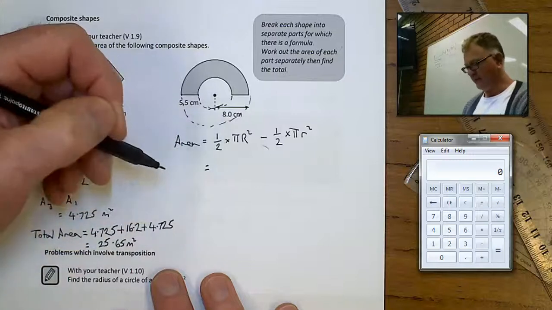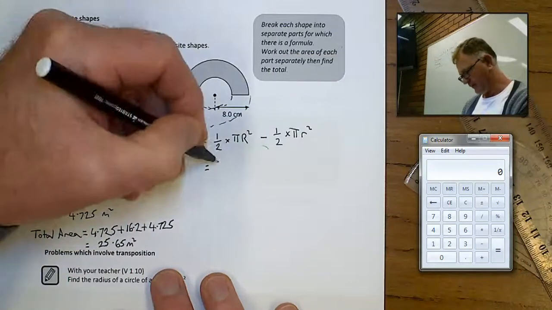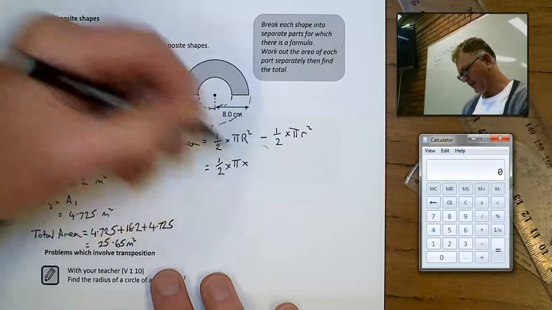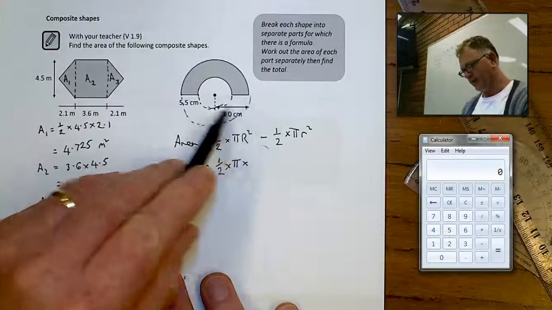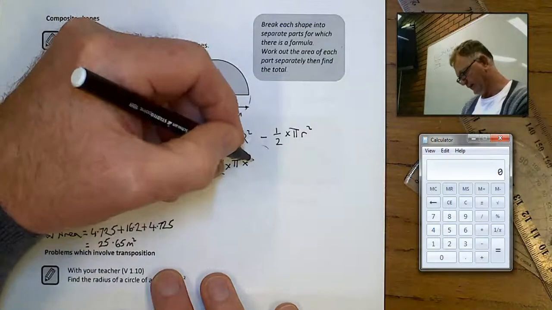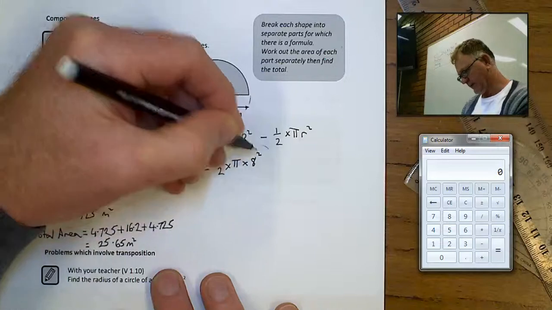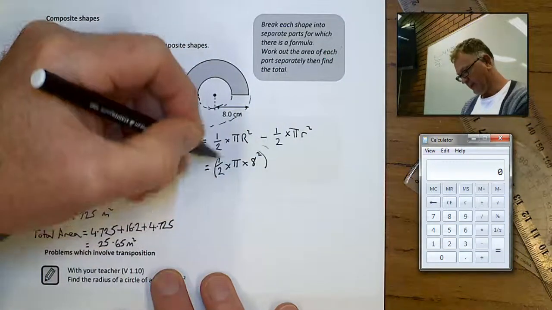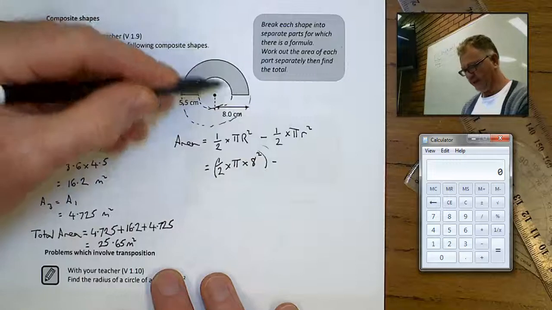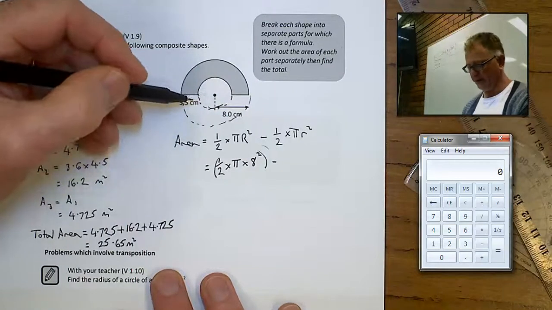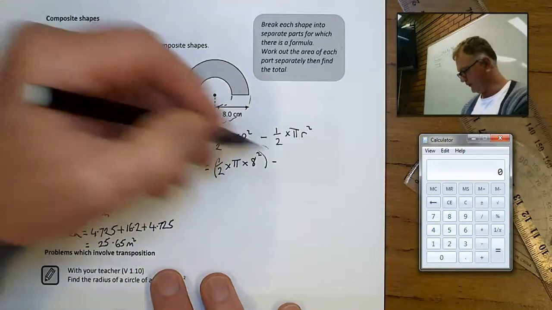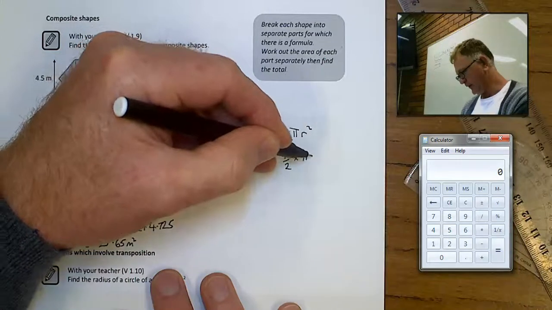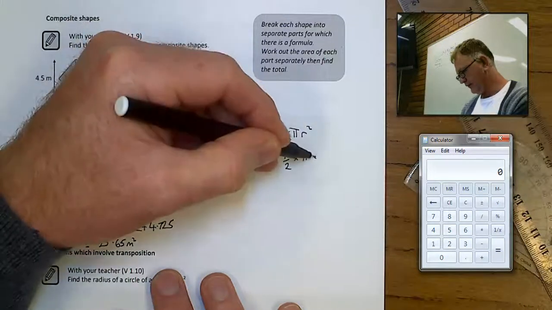So half the big circle is going to equal half times pi times radius of the big circle, which is 8 centimeters, squared. And we're going to then work out the area of a small circle and halve it, and we'll take it away. So the small circle, or half the small circle, is a half times pi times its radius.